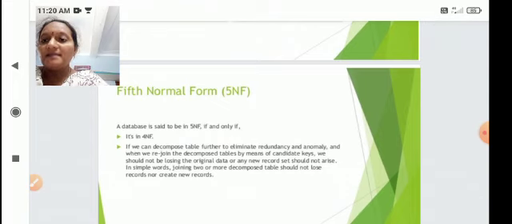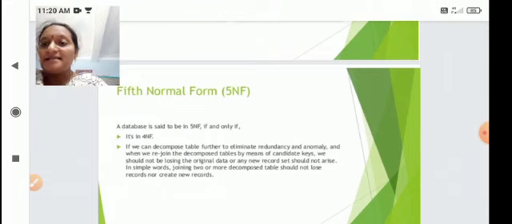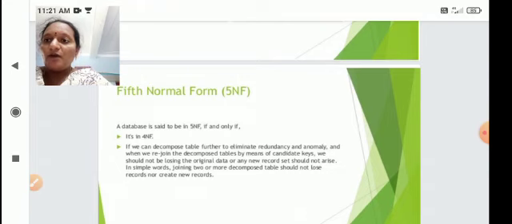The next one is fifth normal form. A database is said to be in fifth normal form if and only if it is in fourth normal form. If we want to convert a table into fifth normal form, the table must already follow the fourth normal form rules.